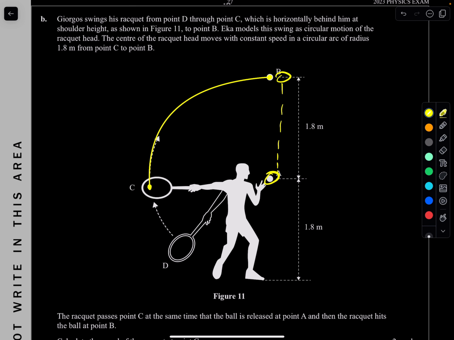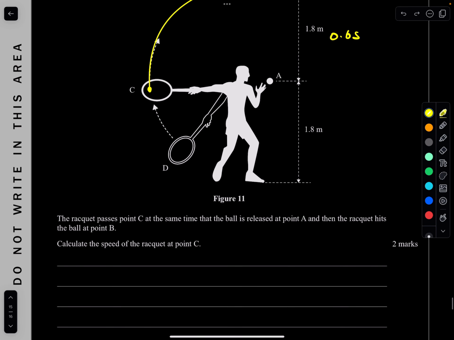It's basically the time it takes for him to hit the ball. You know how we found out that the time it took to go up from A to B was 0.6 second? It's the same time as it takes him to go from point C to B, because that's where he hits it.